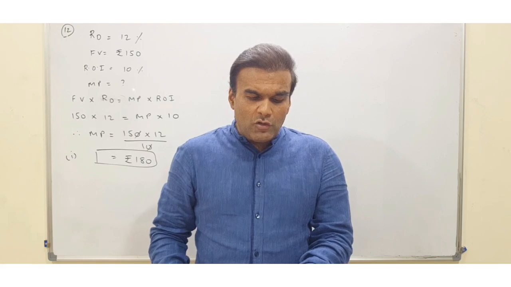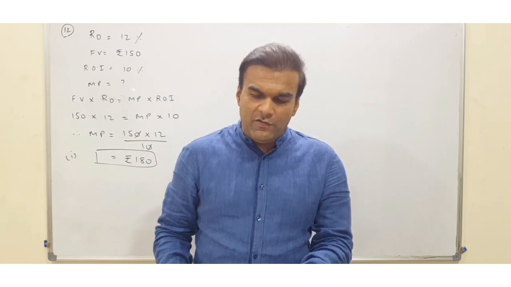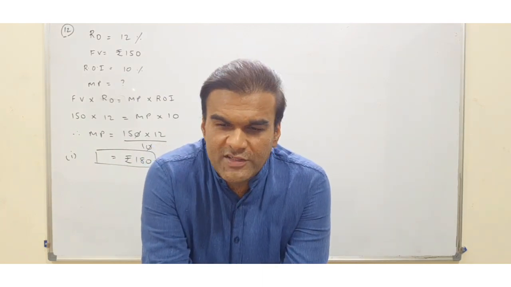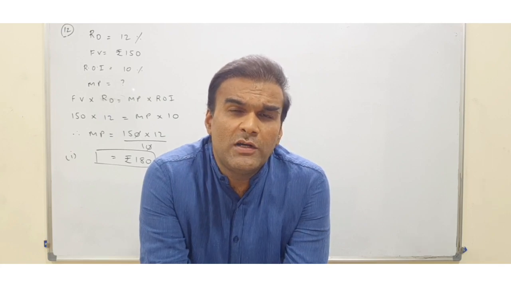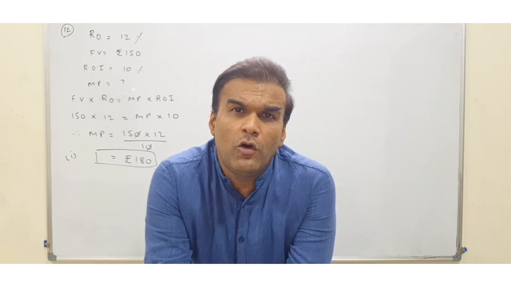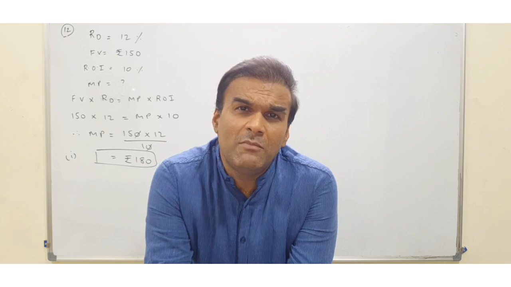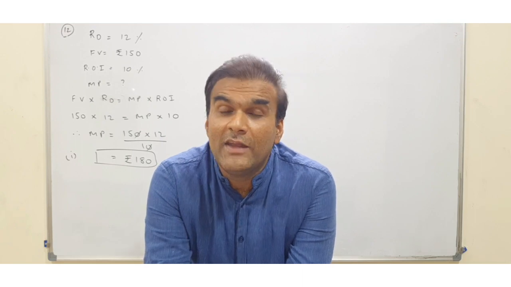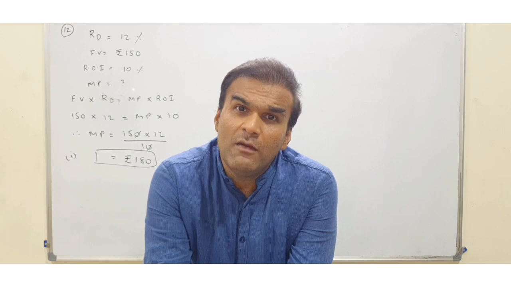Second part, the amount to be invested to obtain an additional annual dividend of 1350. See, whatever dividend you were receiving, that you are bound to receive. I want additional dividend. That means I want to earn 1350 rupees more. Whenever we get a question on additional dividend, you presume your additional dividend is nothing but dividend. That means in order to earn a dividend of 1350, what would be the number of shares that you should have bought?